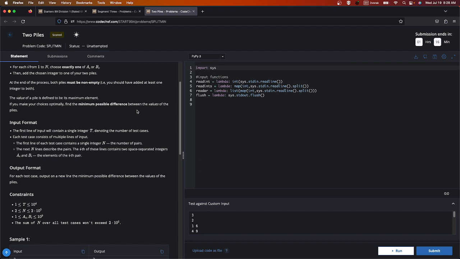So it's like if we choose one of the 2 piles. Okay, if we know the exact set, then what is the optimal setup to divide it evenly?